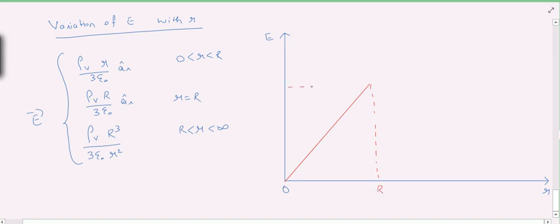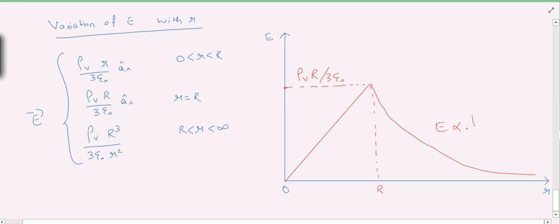And what is that maximum value? It is rho v R by 3 epsilon naught here. After that, it is decreasing inversely to the square of the radius.